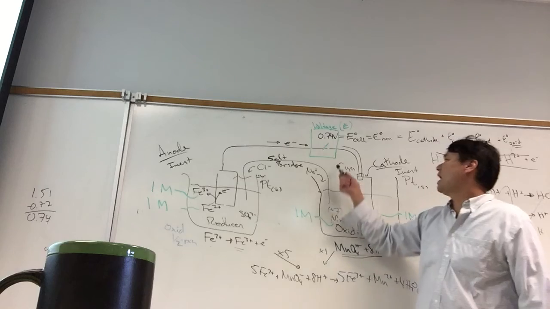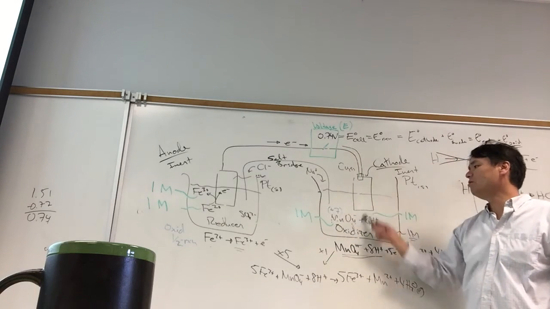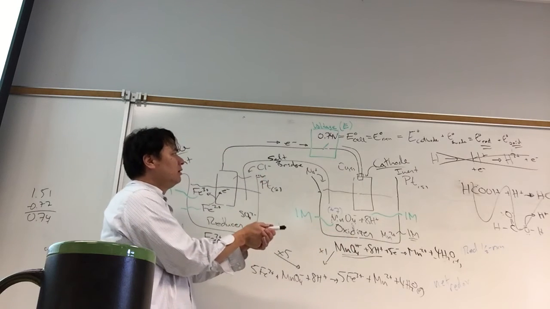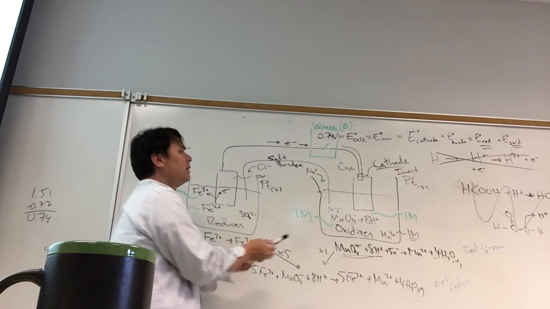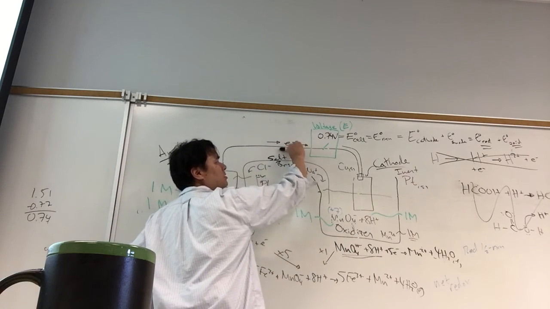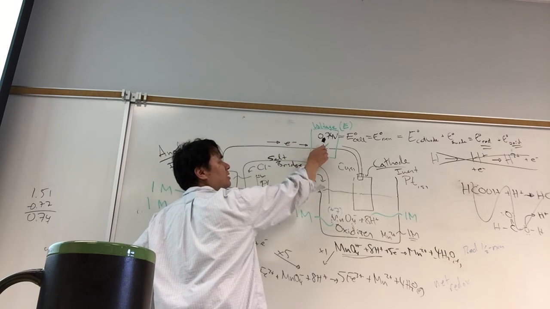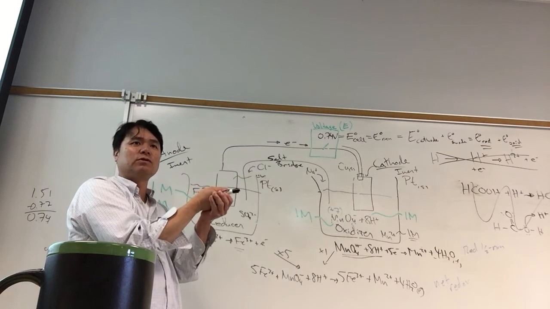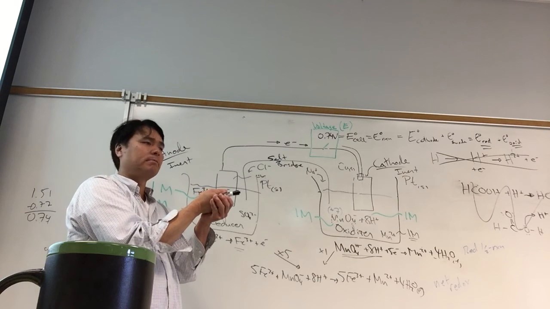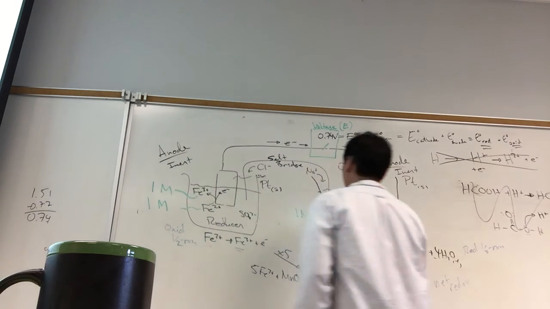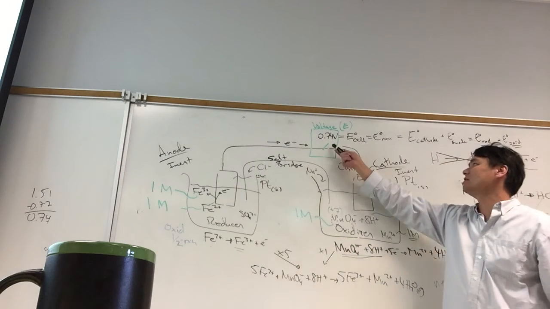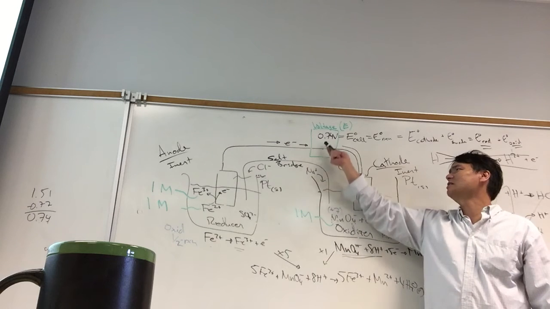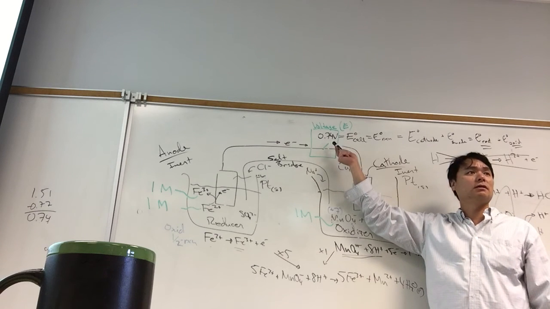And so this might be pulling with 1 volt, and back over here, this might be pulling with 0.26 volts. But it's pulling the electrons the opposite direction. When you pull the electrons the opposite direction, we change the sign. And so it's negative 0.26 volts, right? And so 1 minus 0.26 gives us 0.74 volts, right?